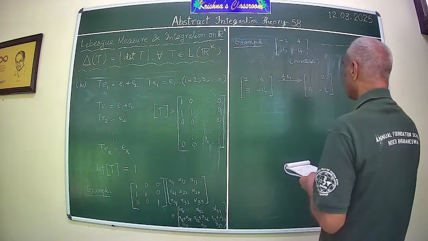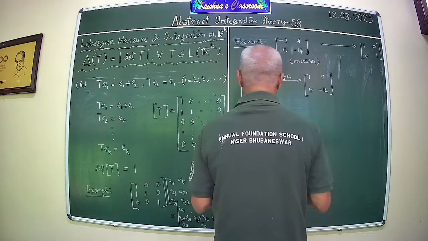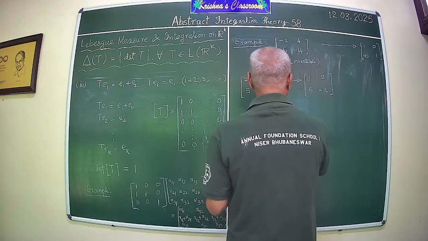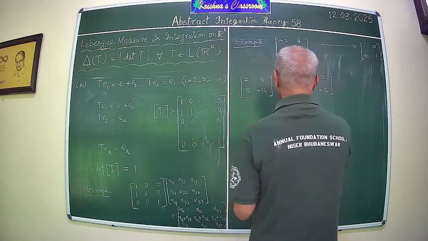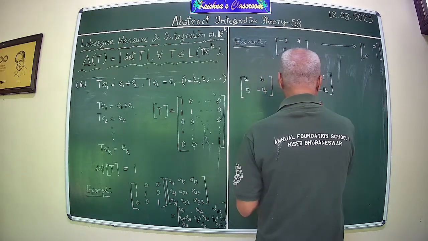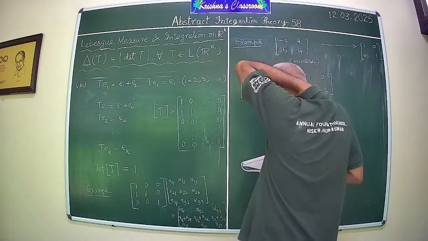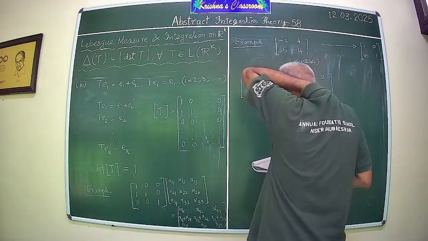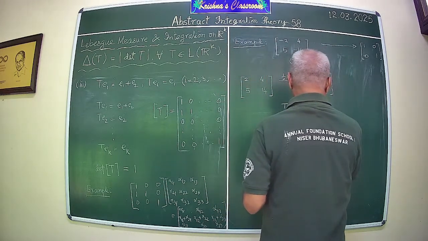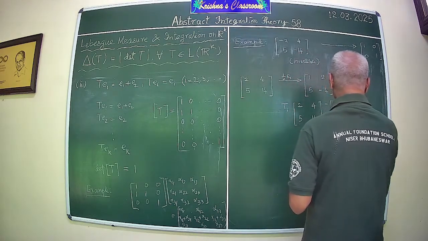So this means that this transformation, you can write some P1 into -2, 4, 5, -14 equal to, you have a matrix multiplication.